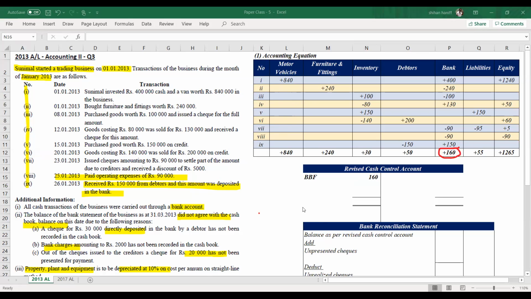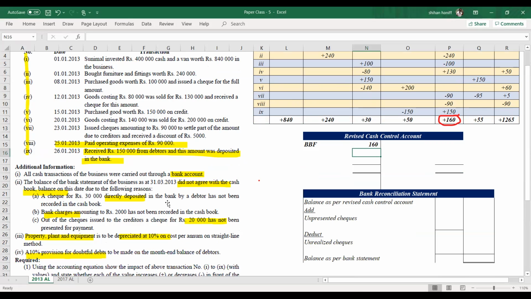Right. Now let's do the bank reconciliation statement and the revised cash control account. These are the transactions we have. Balance of the bank statement did not agree with the cash book balance due to the following reasons. A check for 30,000 directly deposited in the bank by a debtor has not been recorded in the cash book.